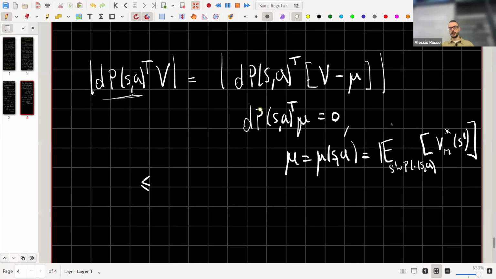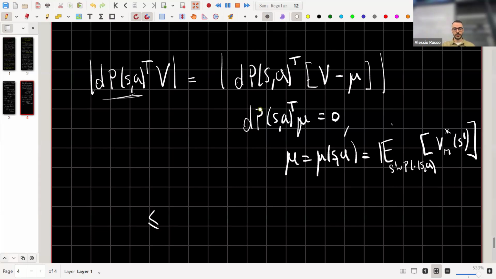The reason why we choose this constant is also because when you take the value minus this constant and you take the square, this becomes the variance of the value. We are not going to show how the variance appears. Instead of doing Holder's inequality this way, you can maybe think of applying Cauchy-Schwarz, but we will take a simpler route.